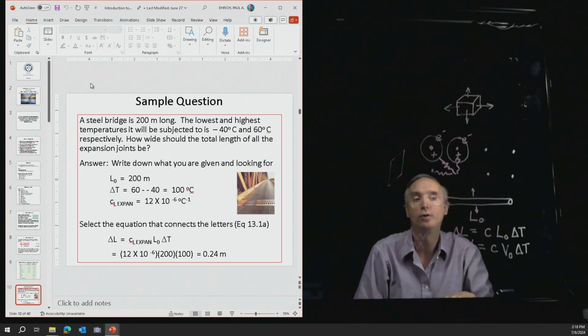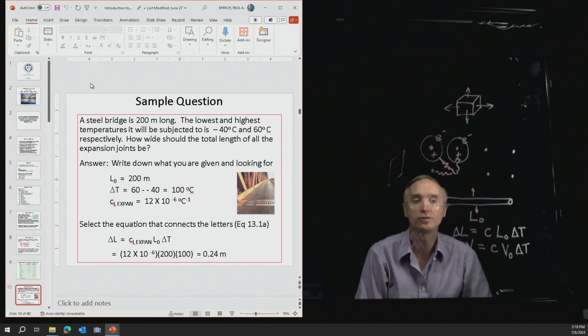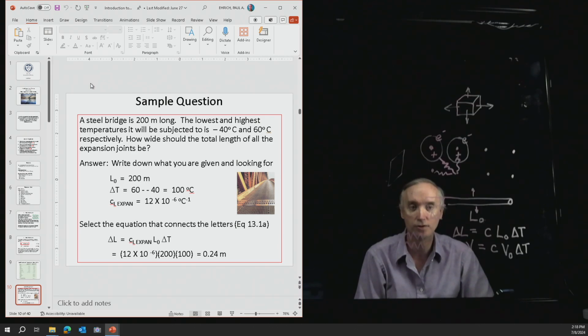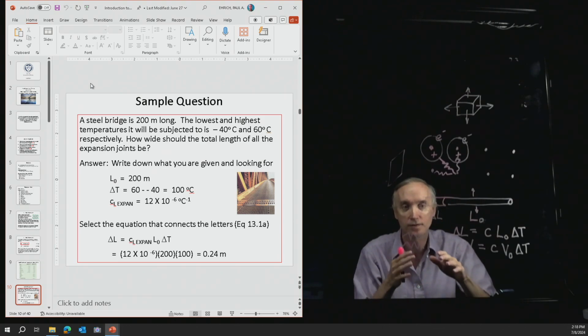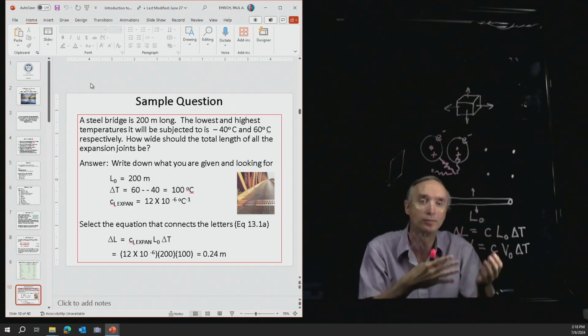So we want to know, how big should we make these expansion joints for the bridge? We're going to write down what you're given and what you're looking for. The original length of the bridge is going to be 200 meters. And then let's assume that the change in temperature of the bridge is from when it's maximum cold to when it's maximum hot.